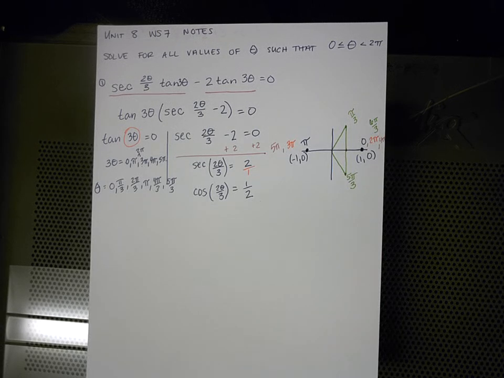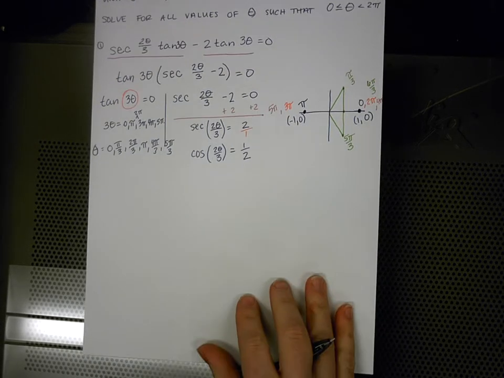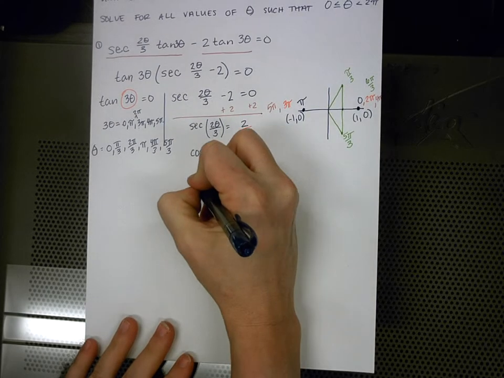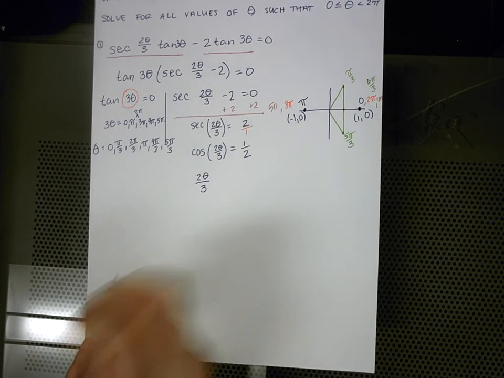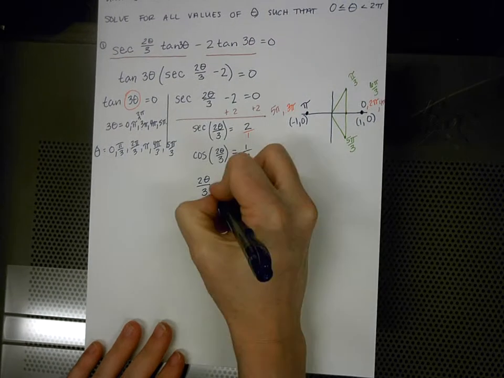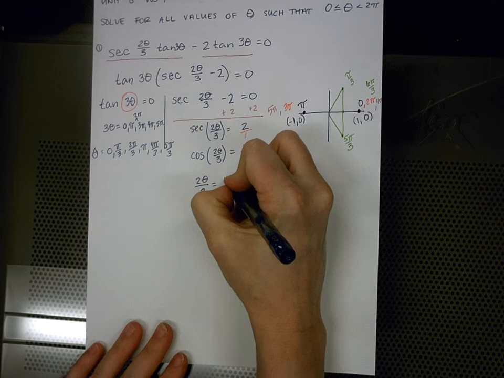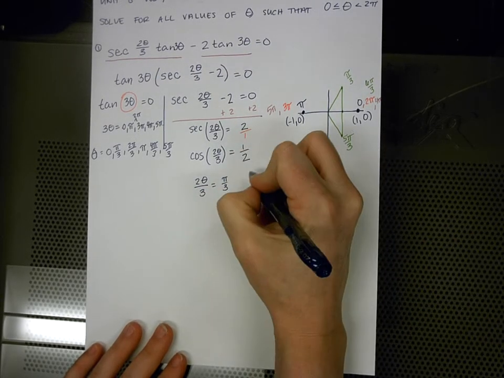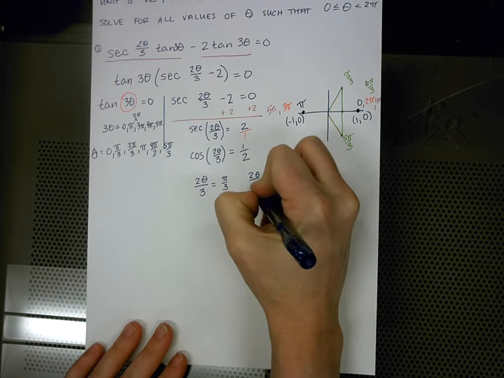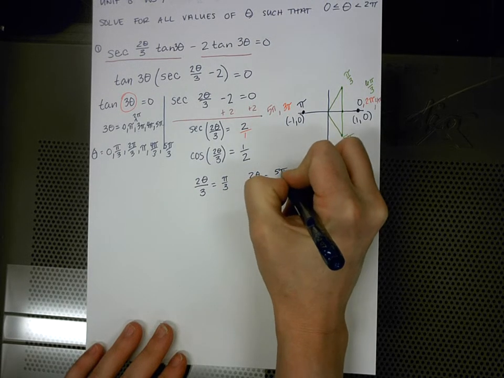So let's go ahead and solve for that one. So we have cosine of 2 theta over 3 equals 1/2, which means 2 theta over 3 is either pi over 3 or 5 pi over 3.